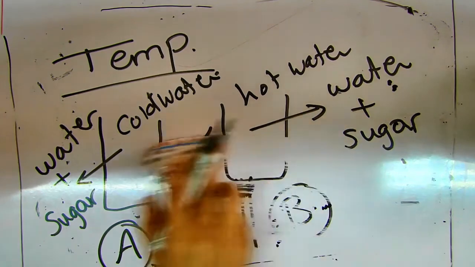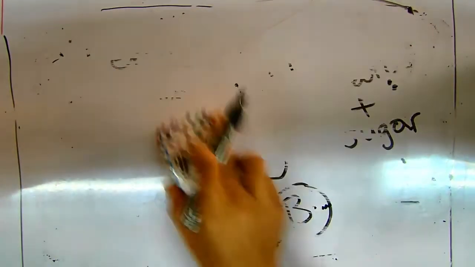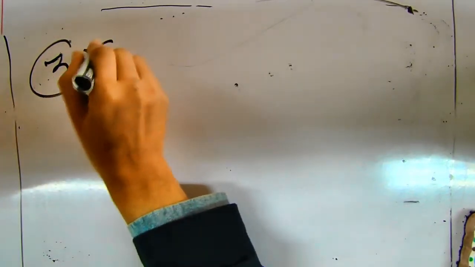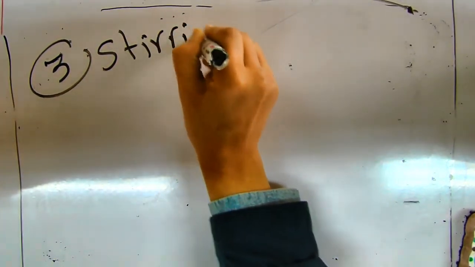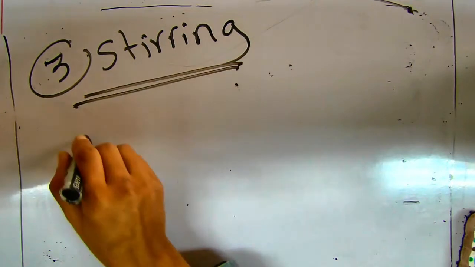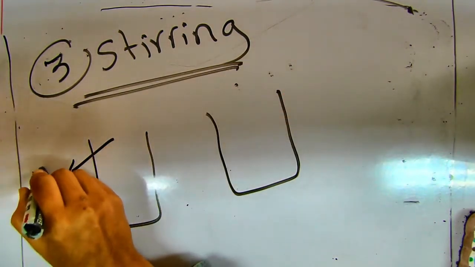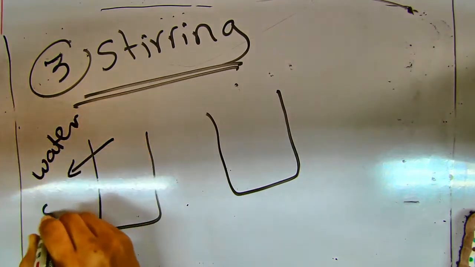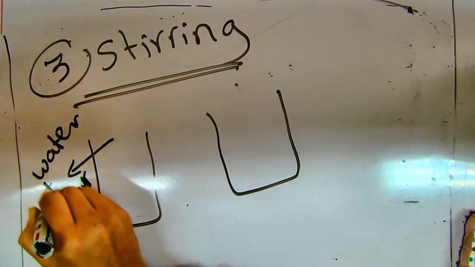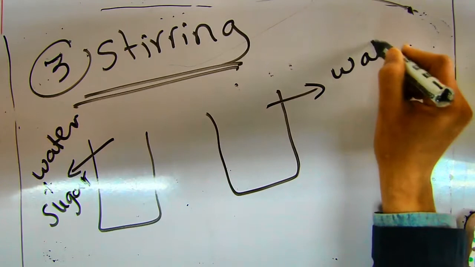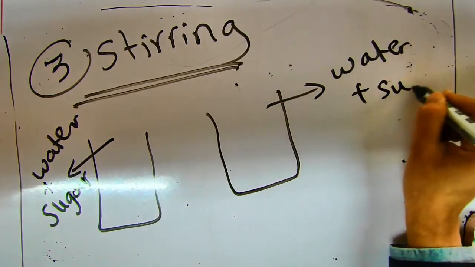Number 3, stirring. We have here two beakers, two glasses. Here is water and sugar. Here is water and sugar.